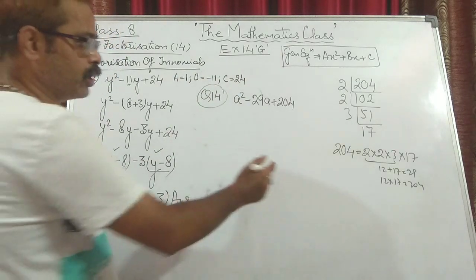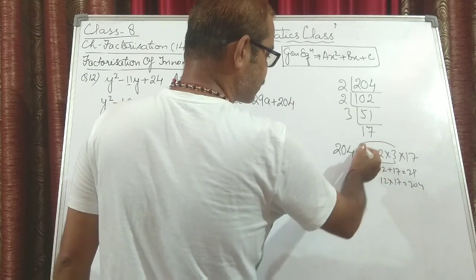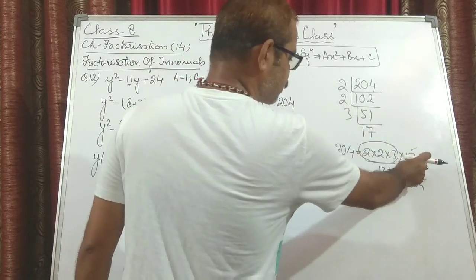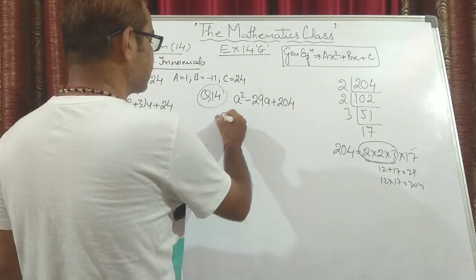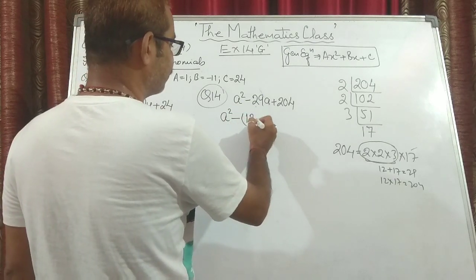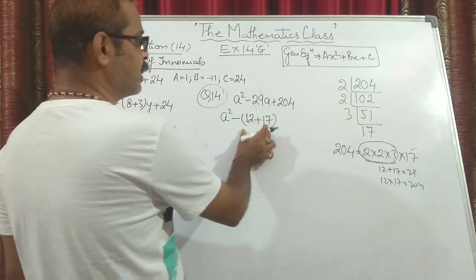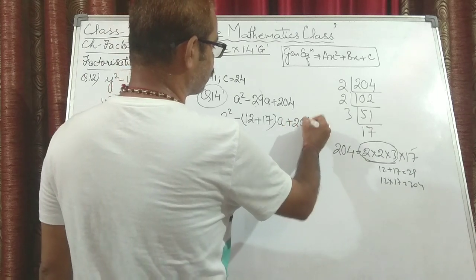Now we have got the factors 12 and 17. 2 into 2 into 3 is 12, and this total is taken as one factor and this is a separate one. So 12 into 17 is 204 and 12 plus 17 is 29. So this can be written as a square minus. Now 29 can be written as 12 plus 17. Splitting the middle term, we have a square minus (12 plus 17) times a plus 204.